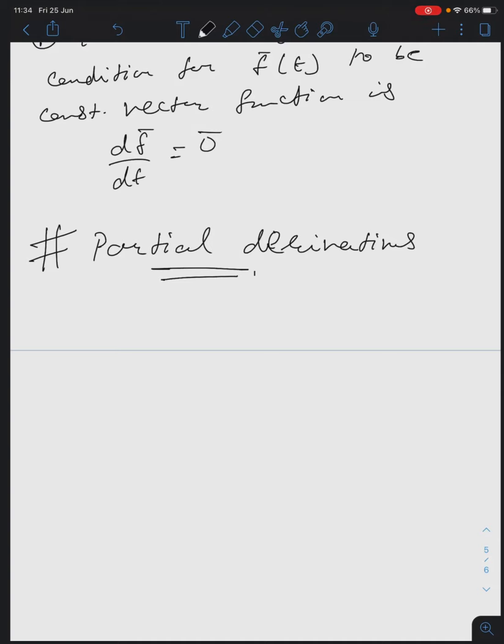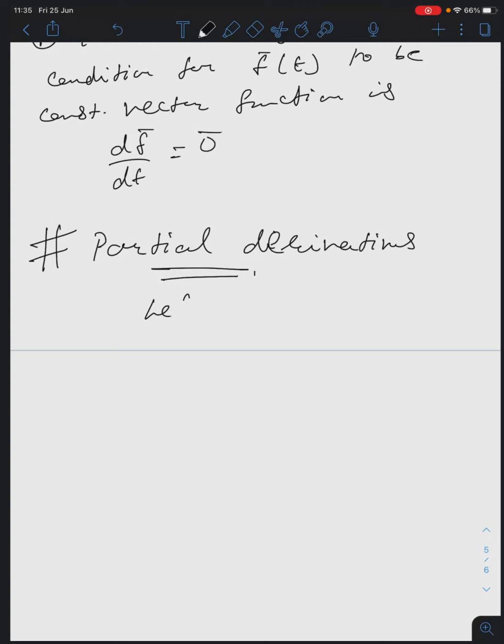Again, the definition won't change here. It will be the same thing. Only instead of a real valued function, you have a vector valued function. So the partial differentiation for vector valued functions can be introduced as was done in the case of functions of real variables.